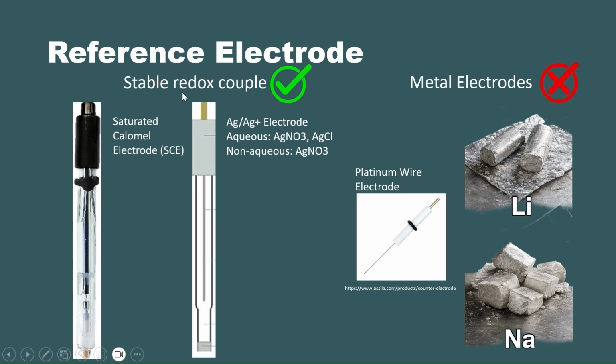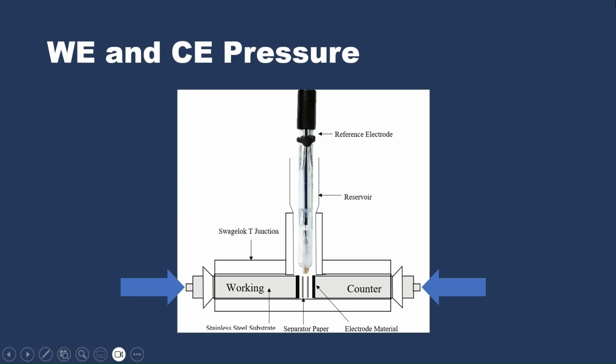So maybe a saturated calomel electrode for an aqueous system, and maybe a silver nitrate or silver chloride for a non-aqueous system, or at least to stick away from metal electrode systems like a platinum wire, a silver wire, or lithium or sodium, as they will muck up your potential reading. So always stick to a stable redox couple for your reference electrode.